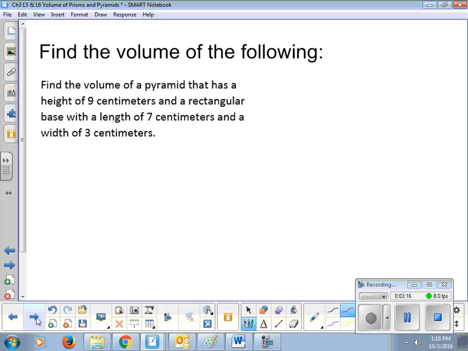Okay, for our first example, we are finding the volume of a pyramid. We know we're using 1/3 times the area of the base times the height. It has a height of 9 centimeters and a rectangular base with a length of 7 centimeters and a width of 3 centimeters.